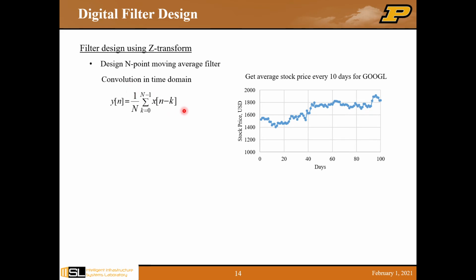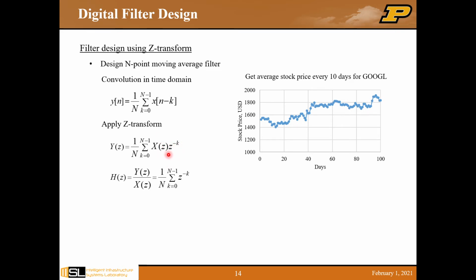If you think about convolution in the time domain, it's very easy. The result y[n] is equal to the average of the summation of the previous 10 days, so N here is 10 for this problem. Then we can apply the Z transform. Eventually we obtain Y(z) equal to 1 over N times the summation of X(z) times z to the minus k.